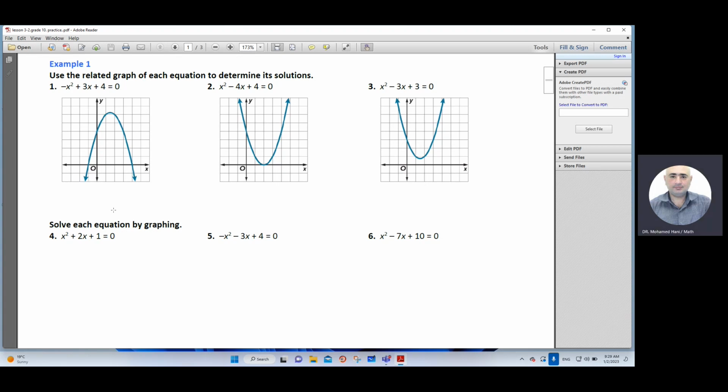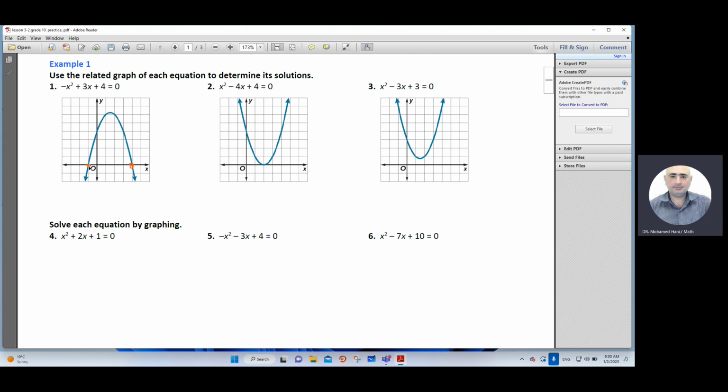How many common points between the graph and the x-axis? 2, because this point between the graph and the y-axis is not a solution. The solution means the common points between the curve and the x-axis. So we have here, Murad, 2 points. The first point here and the second point here.